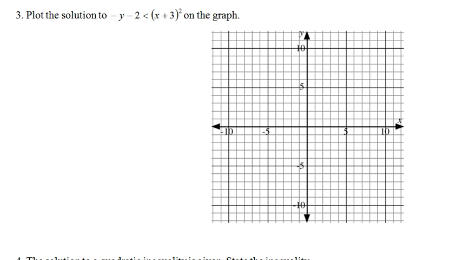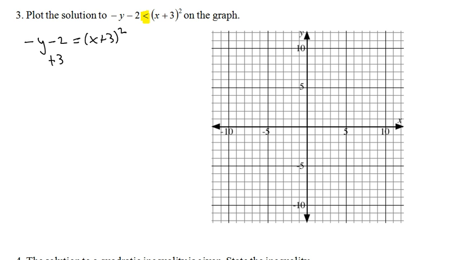Okay, and same as question 3 yesterday. That doesn't include equal to, so our parabola is just going to be the boundary between the true part and the false part, between our solution and not solution. And that boundary is going to be at -y minus 2 equals (x + 3) squared.